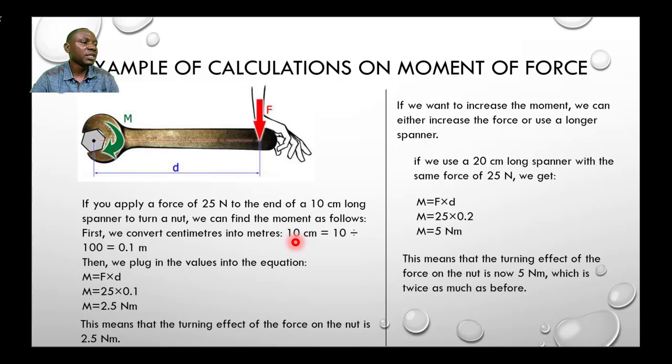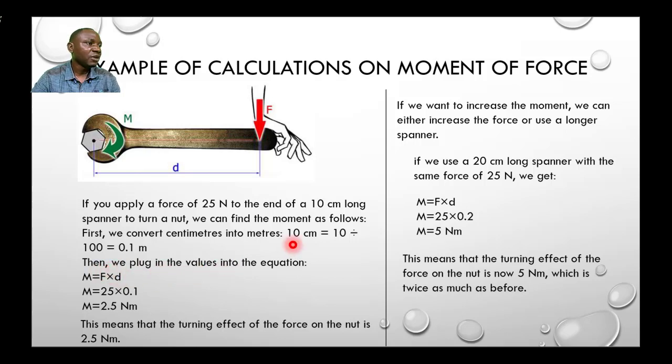Whenever we are given a question and the unit of measurement is in centimeter, we must convert it to meter first, because the unit by which the calculation will be expressed at the end of the calculation will be in meters. So now we'll convert this 10 centimeter to meter. When you want to convert it to meter, you divide it by 100, because 100 centimeter equals 1 meter. So we should take note of that conversion.